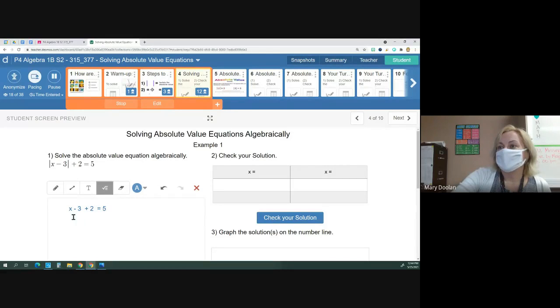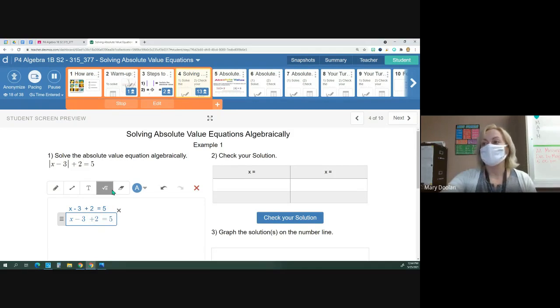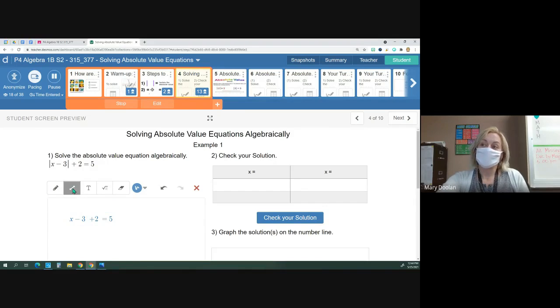Maybe the equation tool does something about the spacing. Let me check if that is what makes it. Oh, it does. It does the spacing for you. x minus 3 plus 2 equals 5. Okay, so that's how it's different. This, you have to add in all the spacing. The equation tool will put in the spacing for you. But I don't know how to get the absolute value sign, so I'm just going to add it in like that.